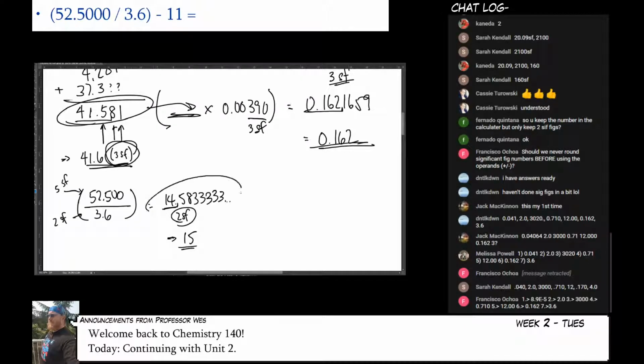But since we're doing something else with it, we'll just carry it over here as is and do the last part, which is subtracting 11, knowing that these are the only numbers that are significant. So these are really all question marks. But so are these down here anyway.